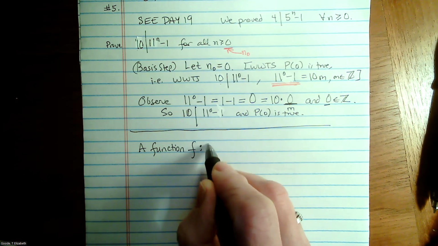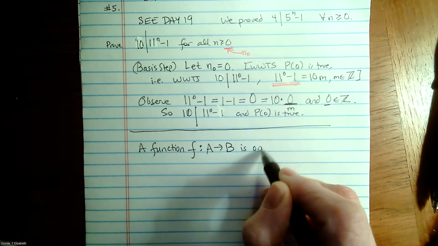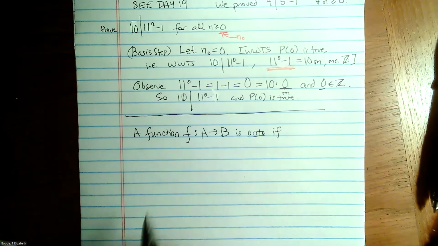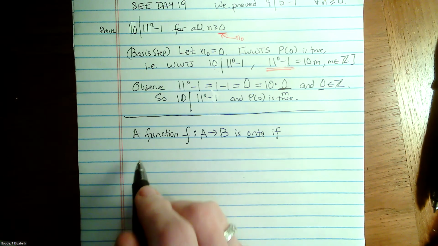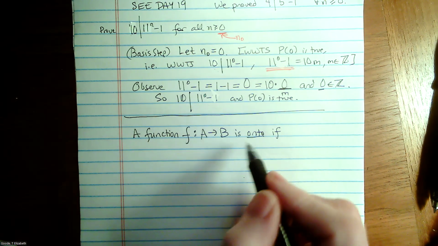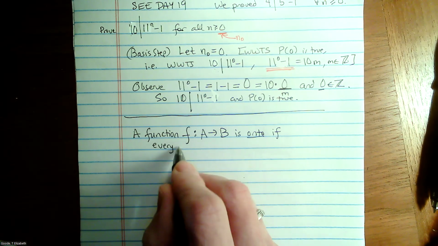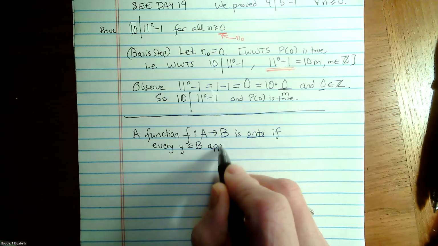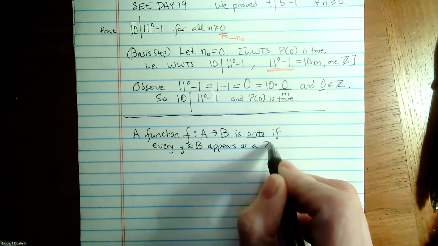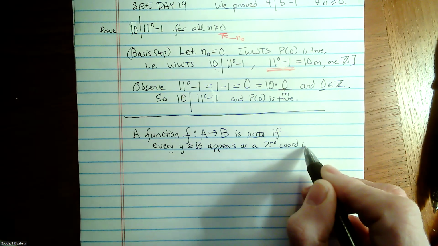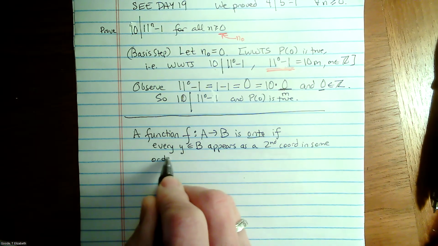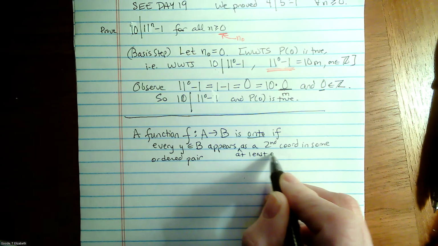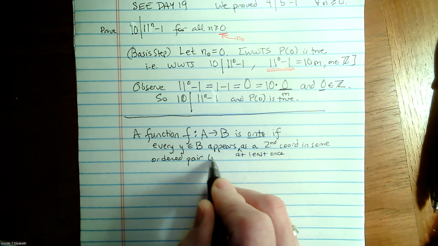A function f from A to B is onto if every element, little y, in the codomain B appears as a second coordinate, at least once, in some ordered pair x, y.